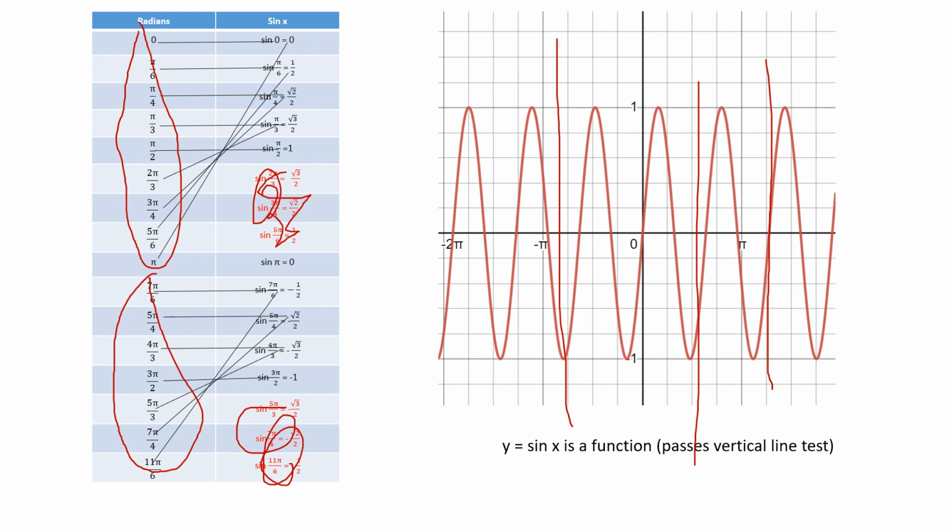And I was looking at pi over 4 goes square root of 2 over 2, and 3 pi over 4 goes square root of 2 over 2. And that's just a duplicate, so I just erased them right here. So I just put it right there. But every input, the radian in this case, has only one line going to an output. So it is a function.